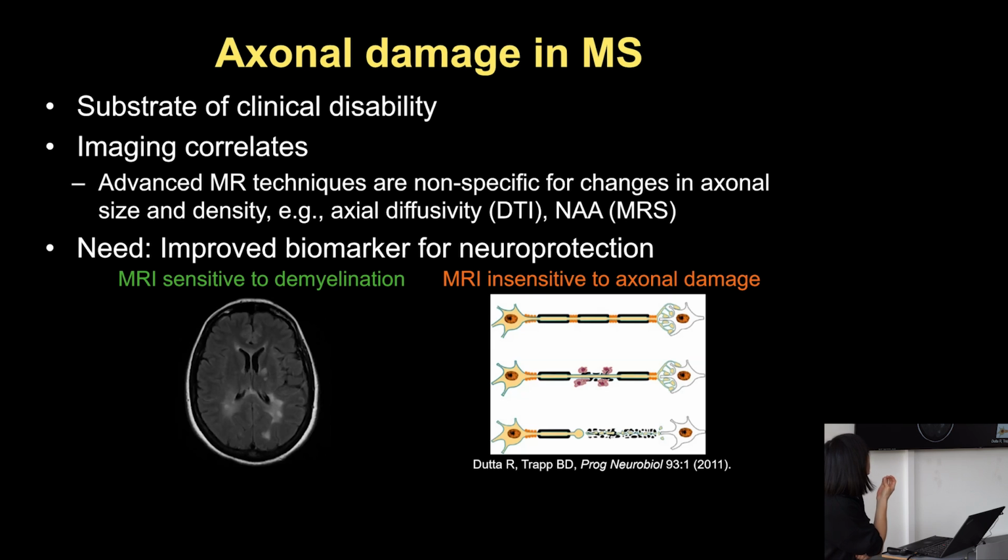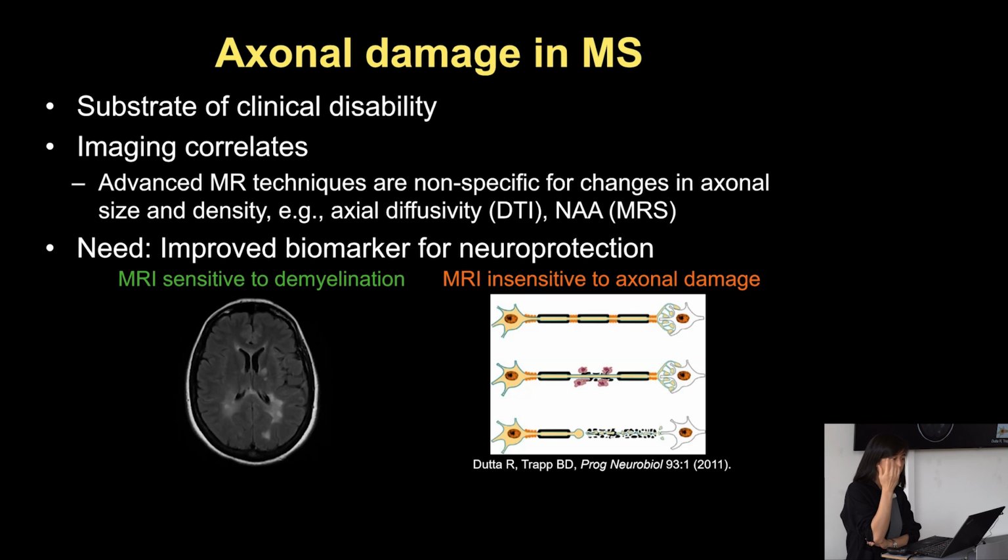So even methods like diffusion tensor imaging are not entirely specific for axonal damage. People have detected decreases in NAA on MR spectroscopy, but that tends to happen later in the disease course. So there's a need for improved biomarkers of axonal integrity as the drugs for MS actually get better.